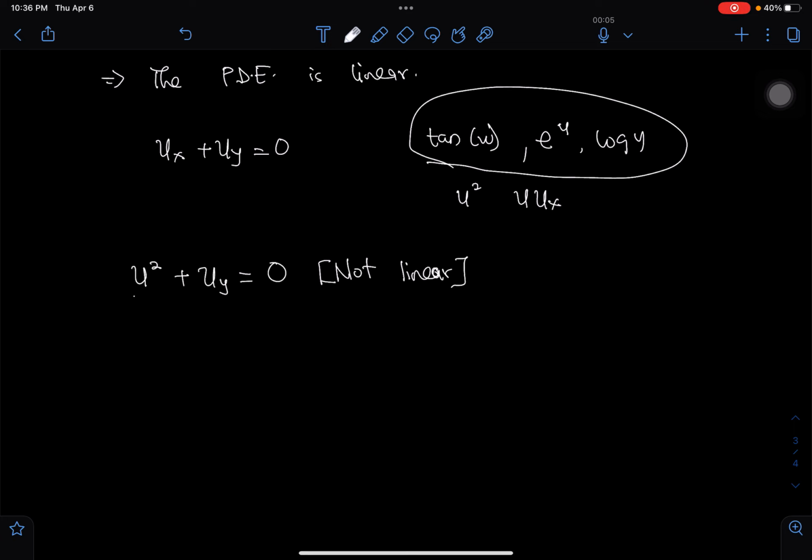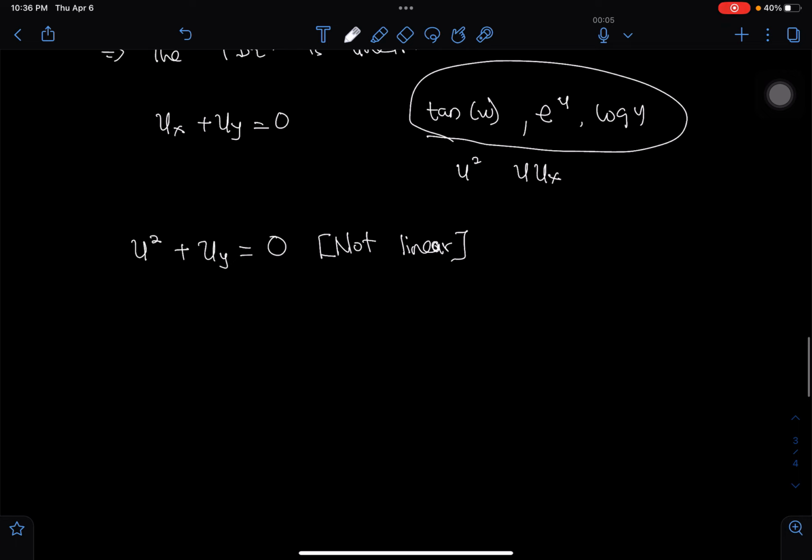It is non-linear, okay? Also I want you to show that tan of u plus maybe u_x is equal to 0 is also not linear, using the same idea. So that is one thing about linearity.